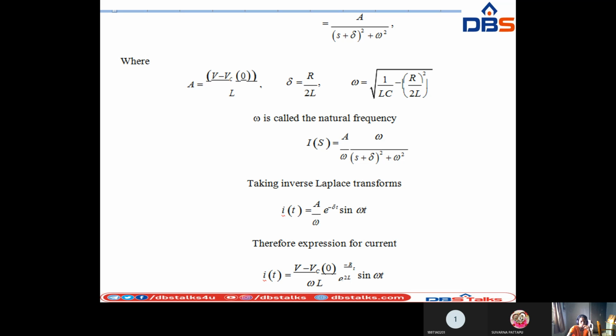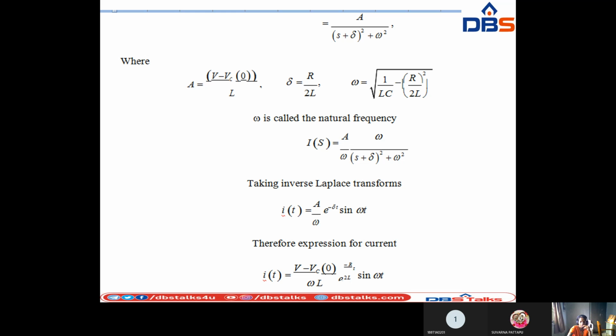So taking inverse Laplace transform, I of S comes to I of t. A by omega we have taken aside, and omega by S plus delta whole square plus omega square has the formula e power minus delta t into sine omega t.